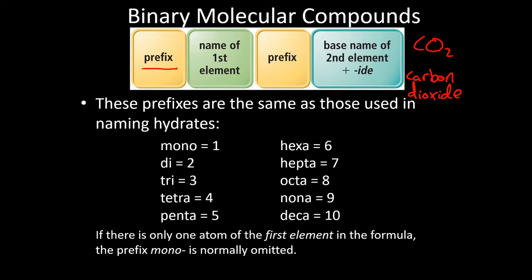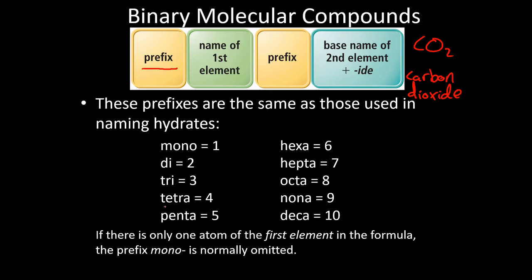So for the rest of these prefixes, essentially, they're from the Greek, and they're the same as the shapes. So if you're familiar with pentagon, hexagon, heptagon, octagon, it's the same kind of idea there.